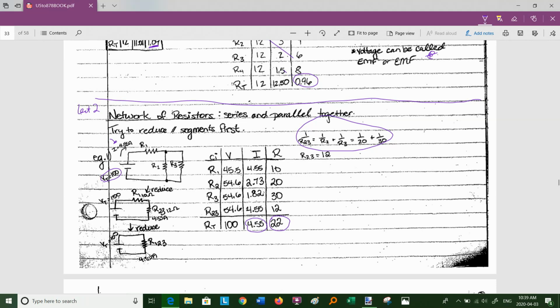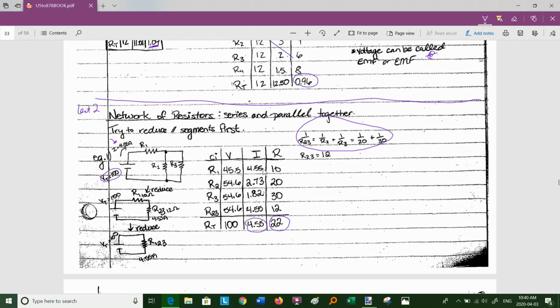Because once you reduce it, then we work backwards. The total current is 4.55 amps, which means R23, which is a fictitious resistor, has 4.55 amps flowing through it. I know it doesn't really exist, but it is created to help you solve the problem. R1 also has 4.55 amps flowing through it.